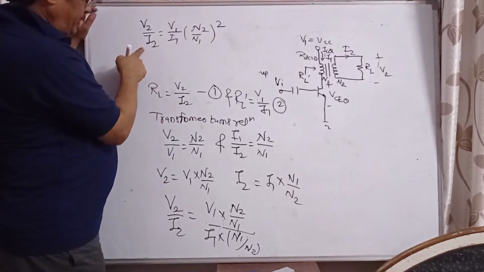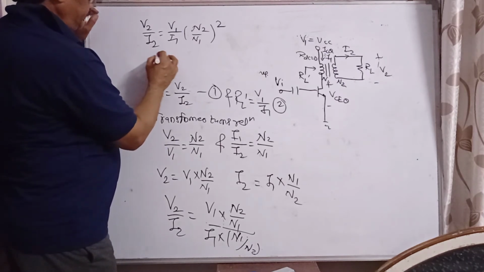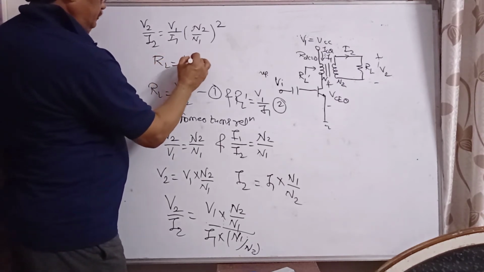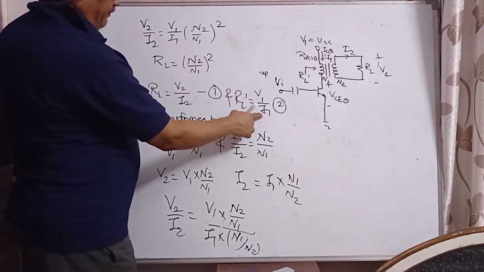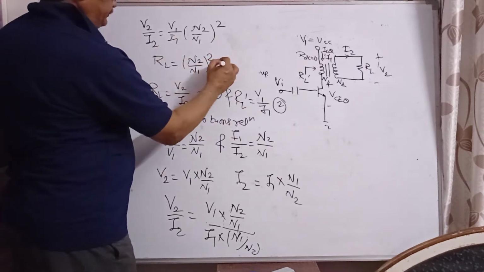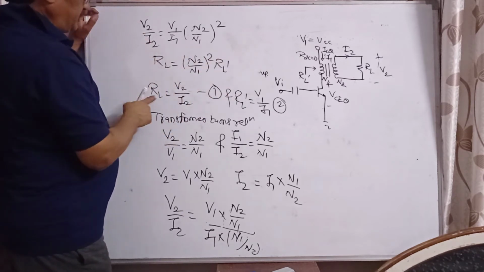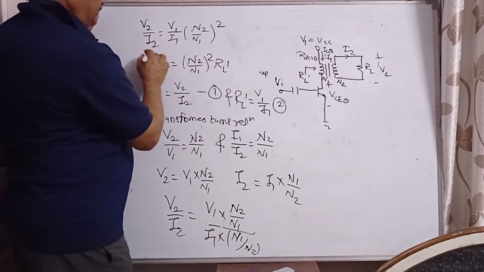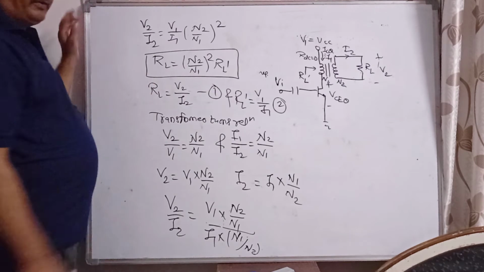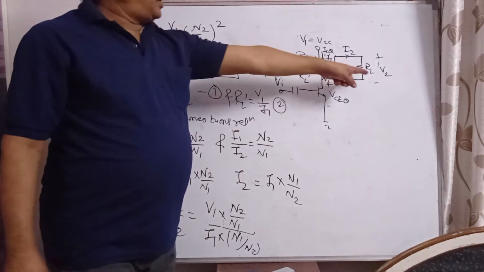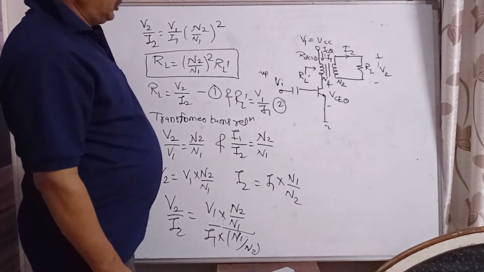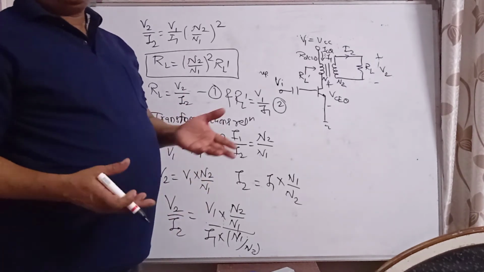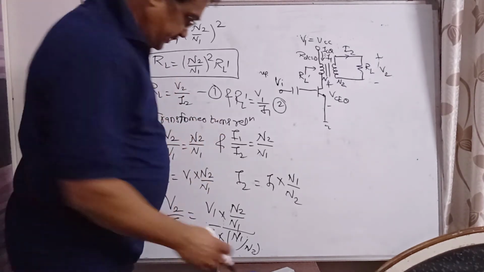V2 upon I2 is RL, and V1 upon I1 is RL dash. So this is the relation between RL and the effective primary resistance. This much you have to write, and then you have to write the expression for efficiency.